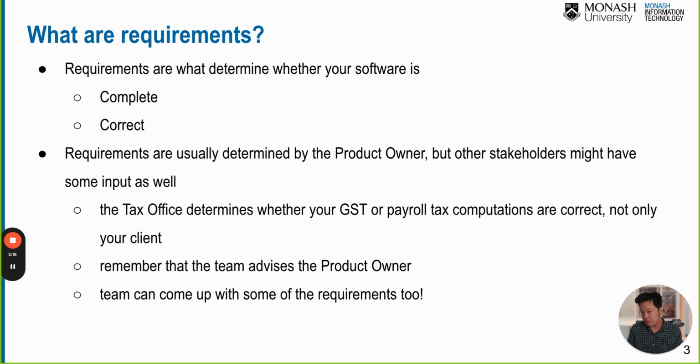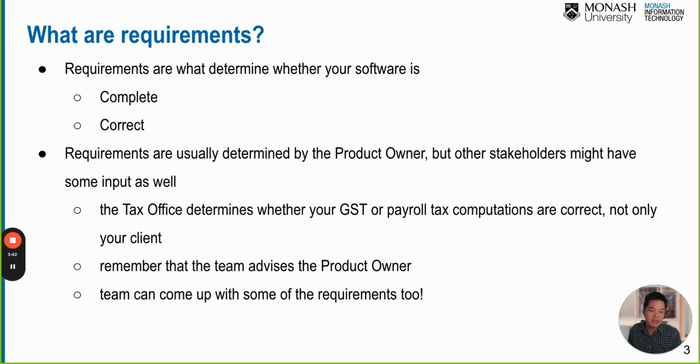Okay, so basically they need to talk to the stakeholder, to the client. Hey, what are the things that we need to do? What are the features or the functionality of the software system? For example, the tax office can determine whether your GST or payroll tax computations are correct or not, not only your client. So remember that the team advises the product owner.